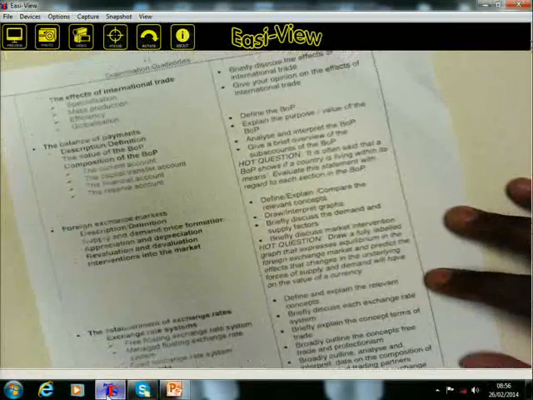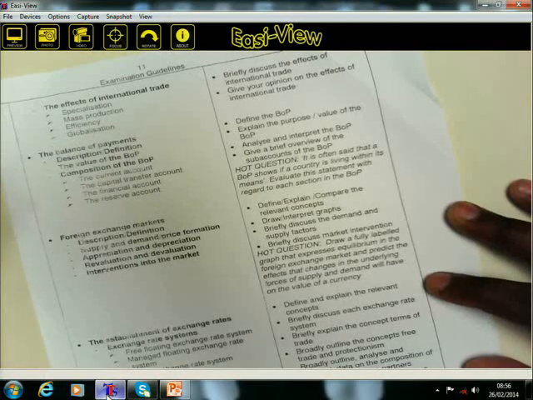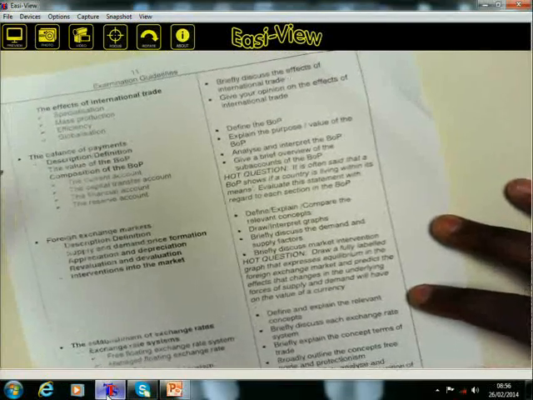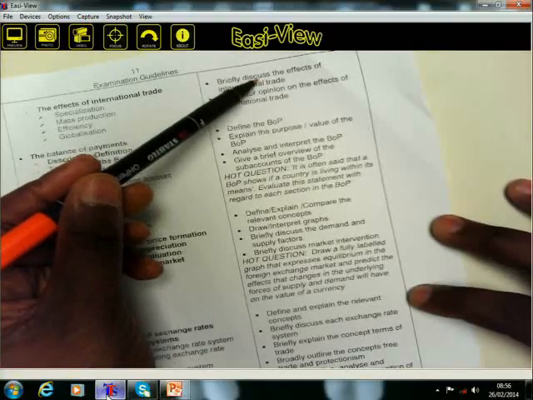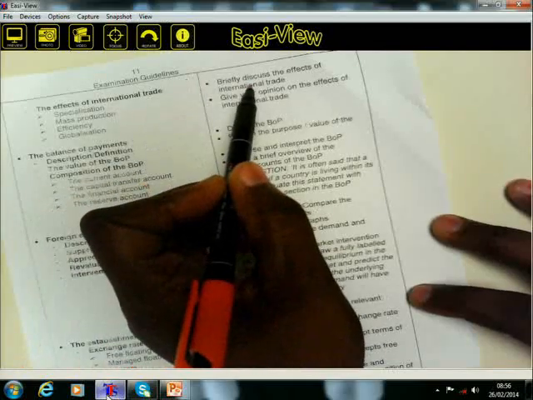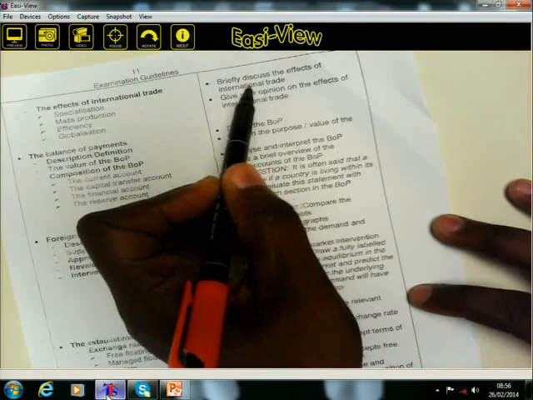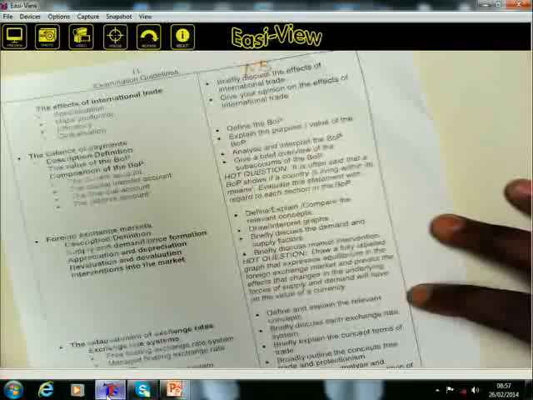The other thing is the effect of international trading, as we can see it is indicated here that we need to make a brief discussion, meaning that by brief discussion, we are expected to discuss. It can be part of an essay also. That's why we need to take note of this part.